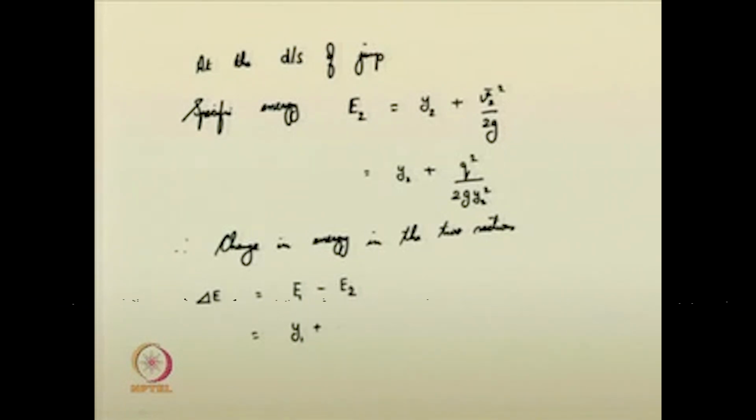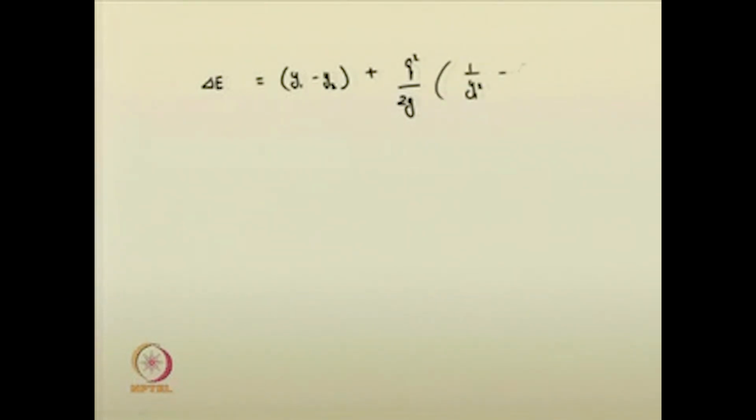So, I am writing the quantities again here: y1 plus q squared by 2g y1 squared, minus y2, minus q squared by 2g y2 squared. Like this I can easily write it, rearranging the terms. So, this becomes the change in energy delta E. Now, this becomes y1 minus y2 plus q squared by 2g into 1 by y1 squared minus 1 by y2 squared.